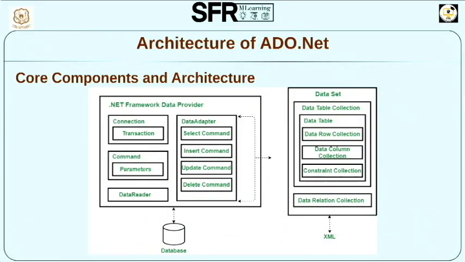This is the architecture of ADO.NET. Here we can see the database communication has connection, command, data reader and data adapter, which make up the .NET Framework Data Provider, and a separate XML file for datasets, which contains data table, data row, data column and its relations and constraints.